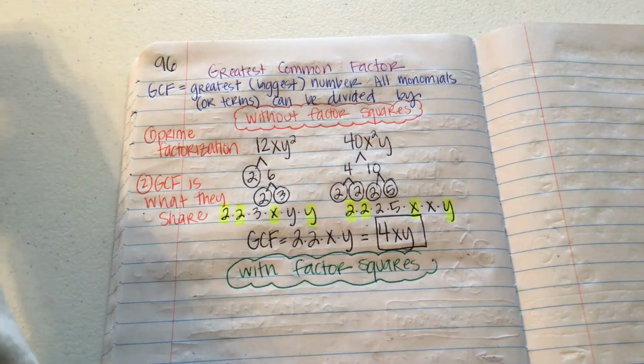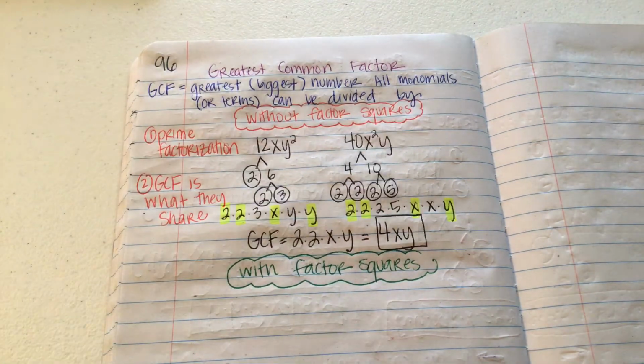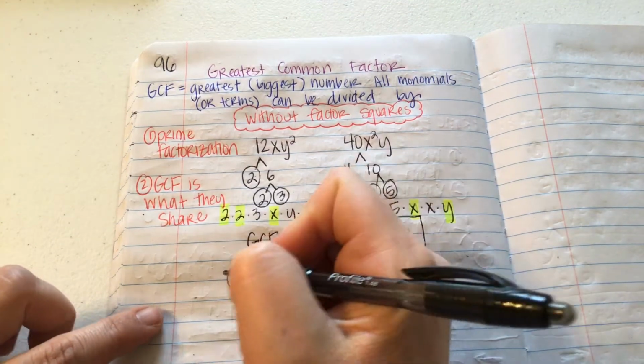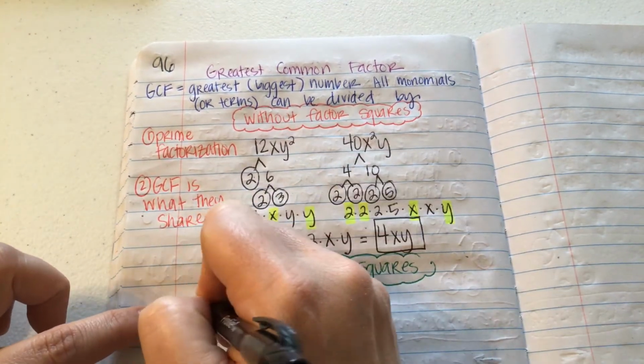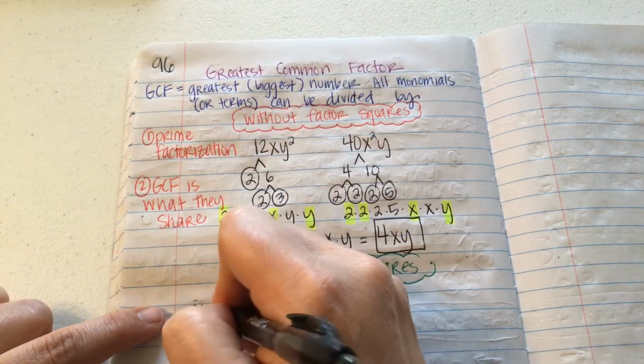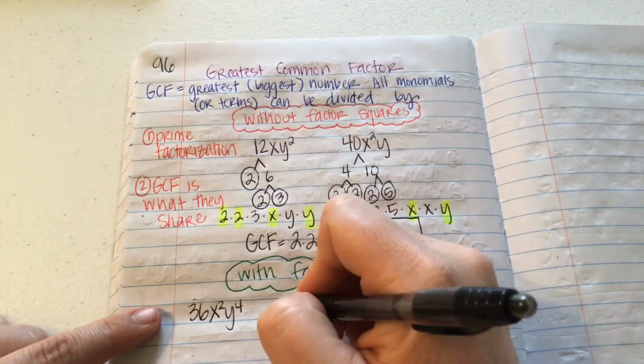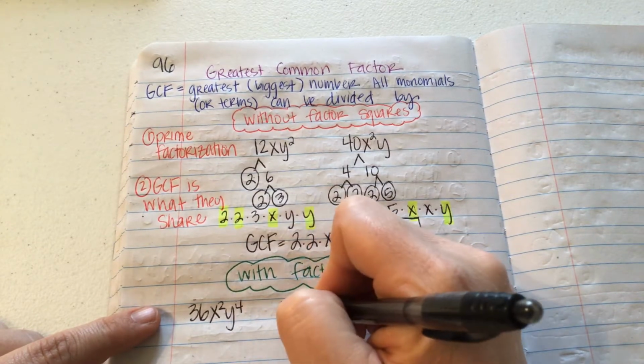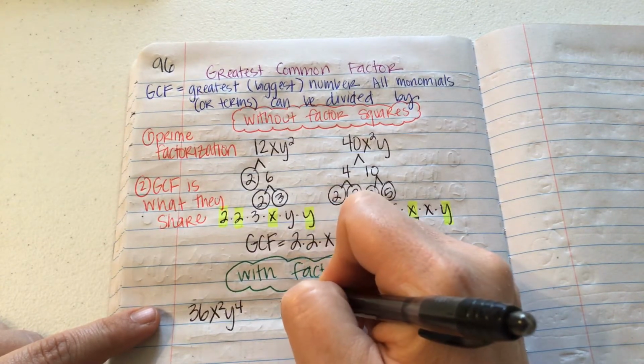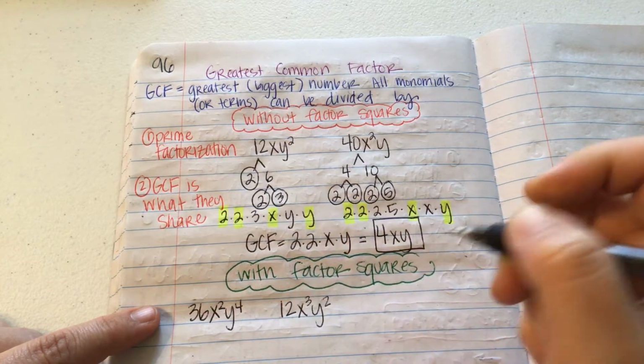So to use my factor squares, and let's go big. Let's go 3 terms. So 36 x squared y to the 4th. Let's go 12 x to the 3rd y squared.